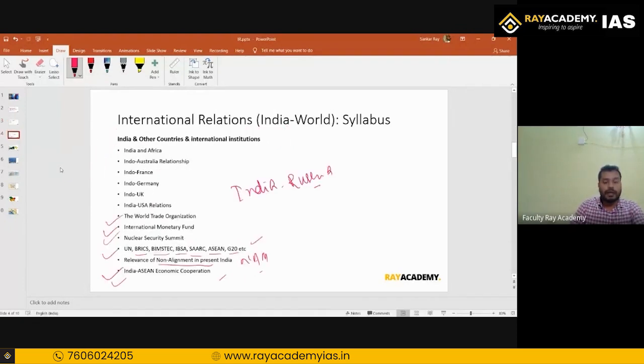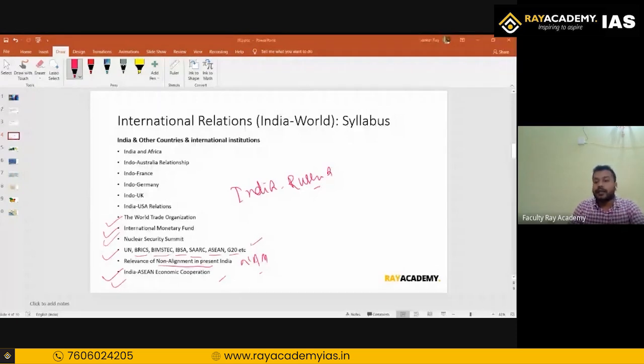Then we will try to understand some of the other important countries, because India has relationships with more than 190 countries. As I told you, the syllabus is so vast that it is sometimes almost not possible to cover every topic in detail. So you have to be very specific while studying.